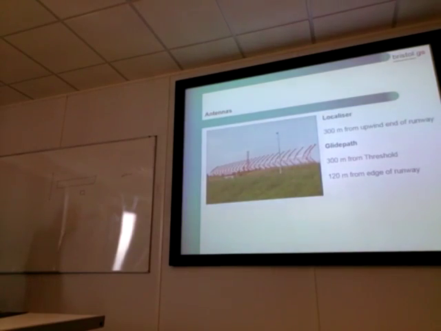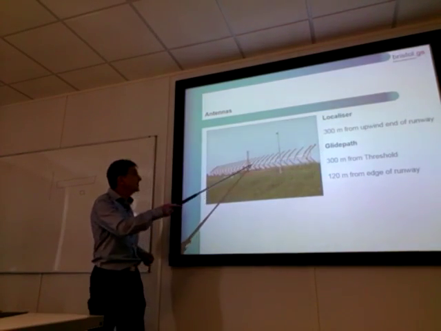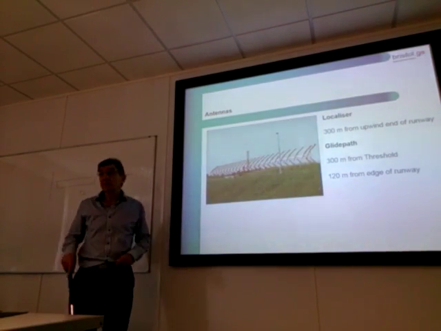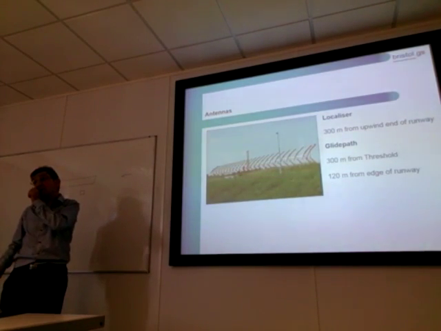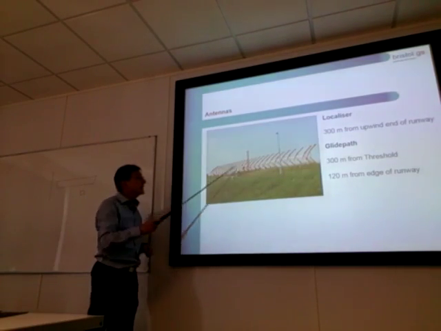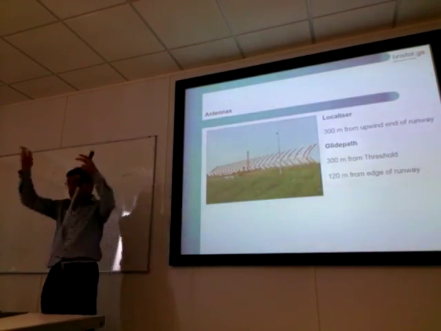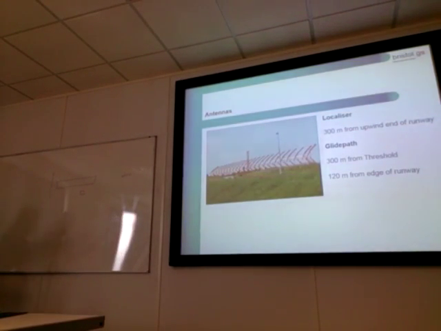So that is a picture of a localizer aerial. You can see more or less what looks like a continuous white bar through there. That is that series of Yagi aerials. They're actually separate aerials if you get to look at them close up. The big red screen behind is a directional screen to try and focus everything in the right direction, although some side lobes do come backwards through there.